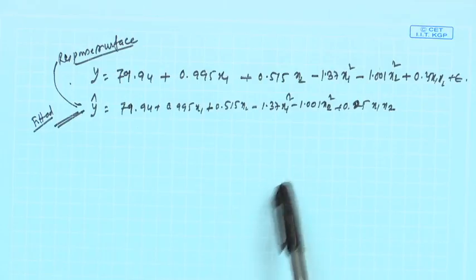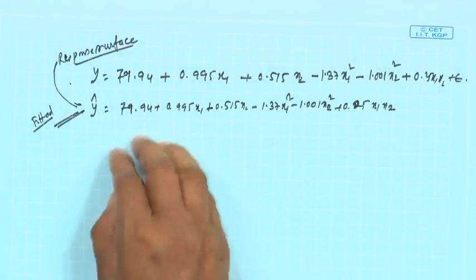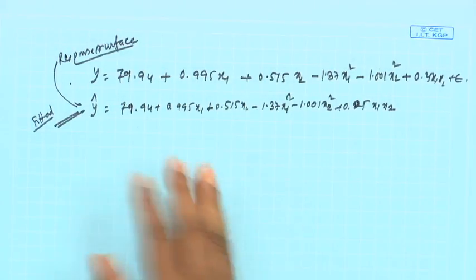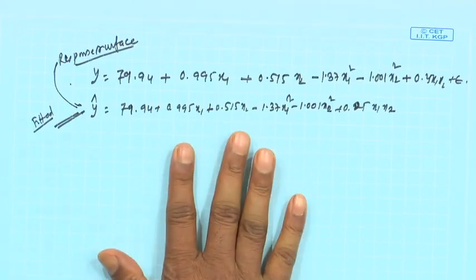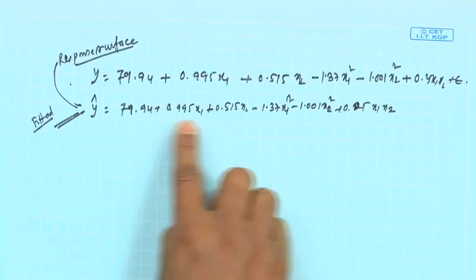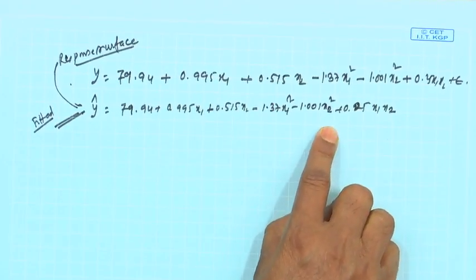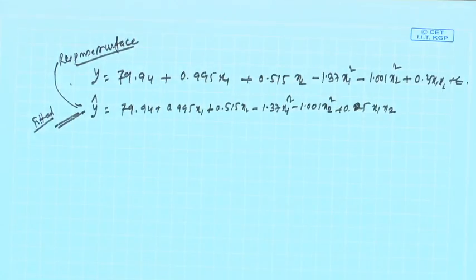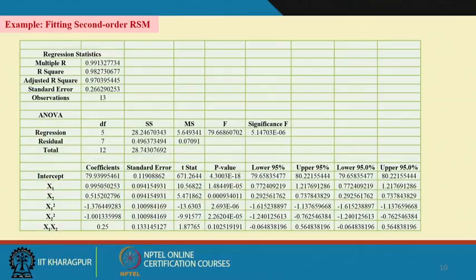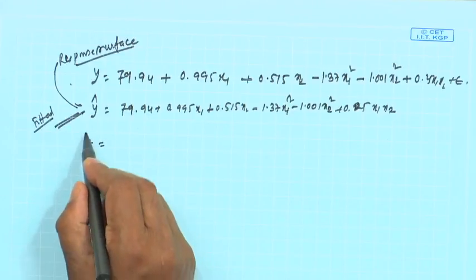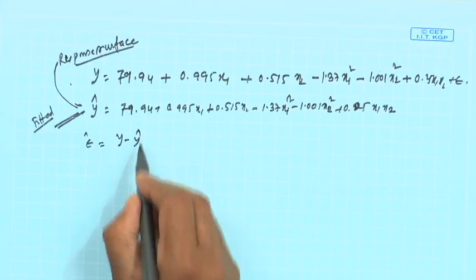Okay. So, now when you fit the second order model, your immediate work is to check whether the model is adequate or not, and next whether the estimated parameters are significant or not. So, let us do this. Using the regression procedure, you first find epsilon cap, which is y minus y cap.